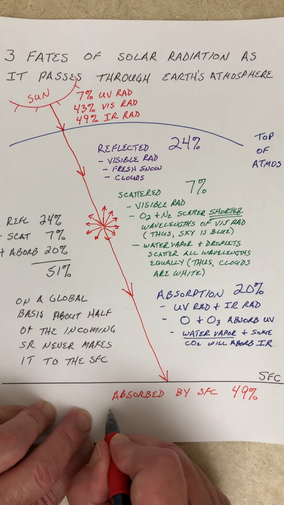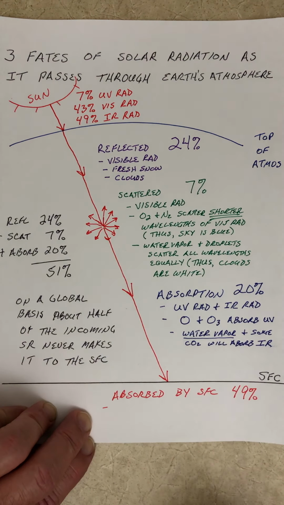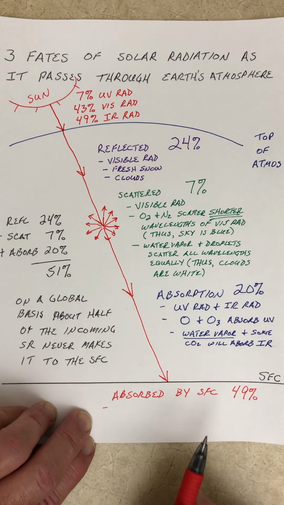And remember what we said about absorbed solar radiation. Any object, the Earth's surface, that absorbs any form of radiation, ultraviolet, visible, infrared, will warm up. Whenever any object absorbs any form of radiation, the object is going to warm up. In this case, the object is the Earth's surface.